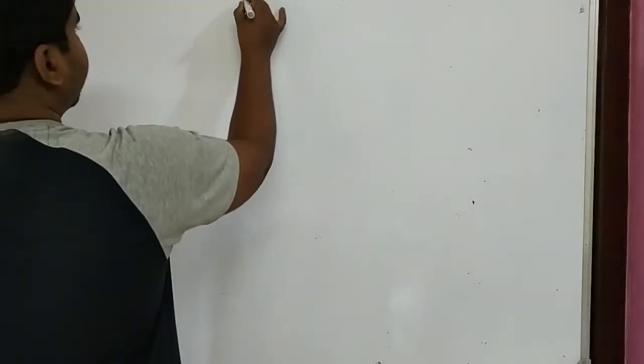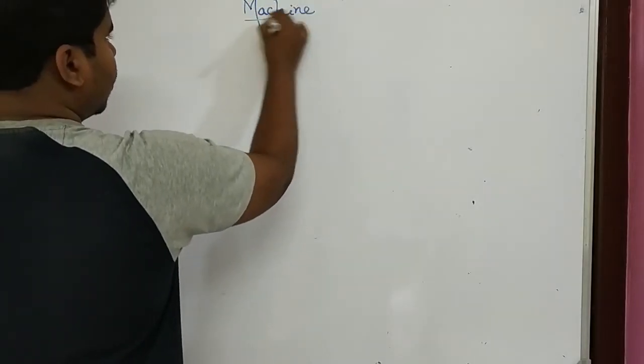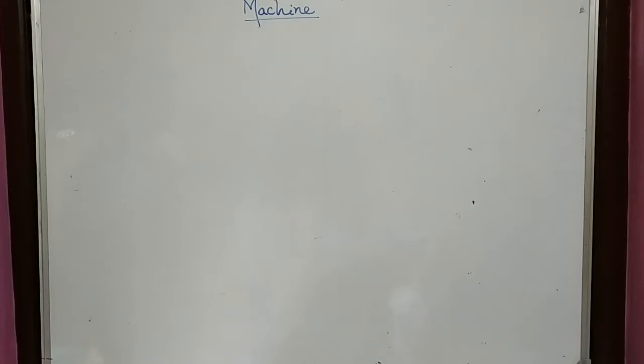Hi dear students, today we are going to start a new topic of class 10 physics, that is machine. It is the third chapter of class 10, and here we will discuss the instruments by which we can do our work very easily.